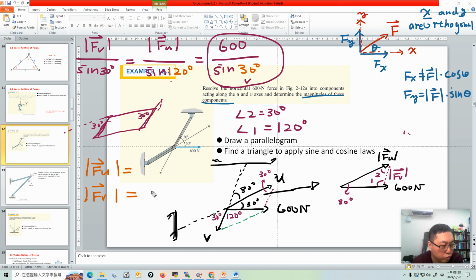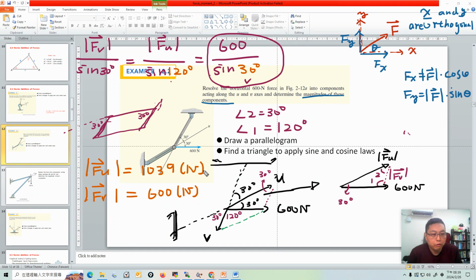So FV should be 600 Newton, and FU is 1039 Newton. Let me use my calculator to check it out. Okay, so that's good.